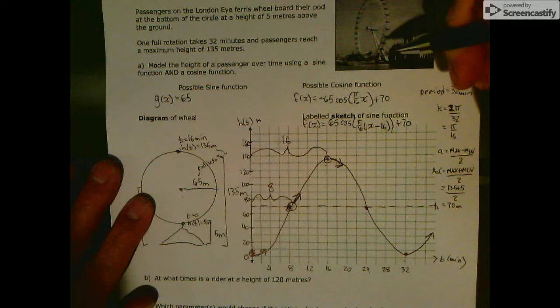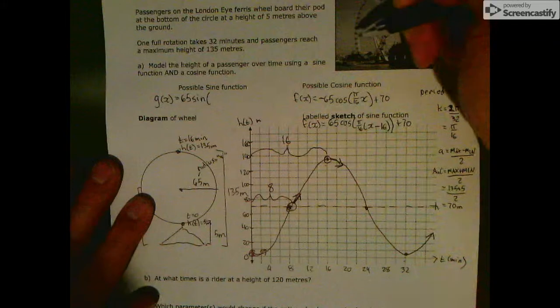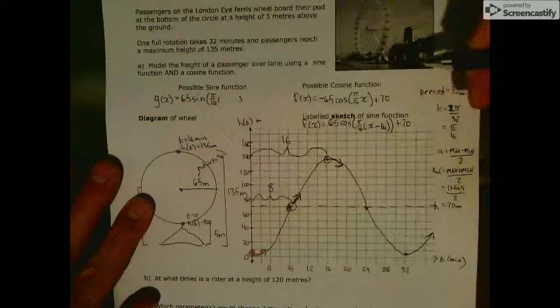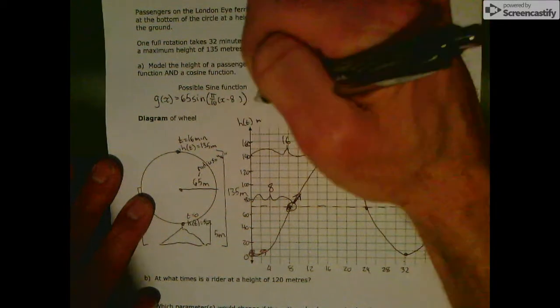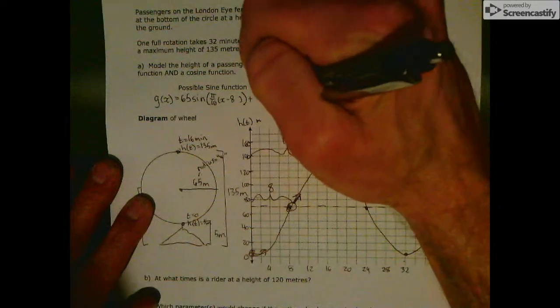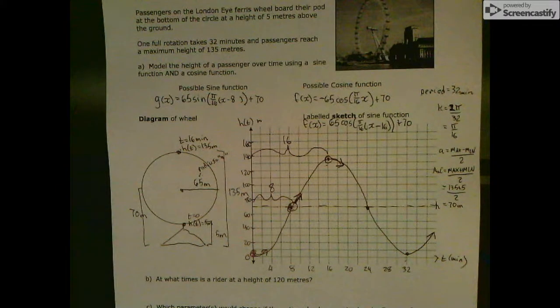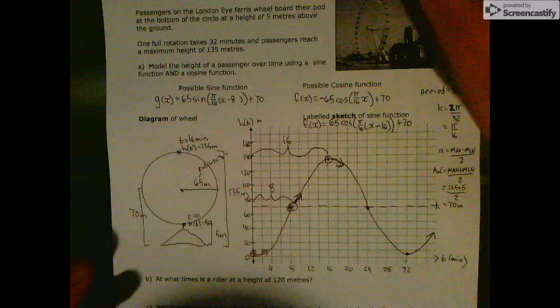Notice it's positive because I haven't flipped over sine, multiplied by sine. In brackets, I have pi over 16 separated from x and the horizontal translation, which is x minus 8. And then outside the function, I have my vertical translation plus 70. So there we have 3 possible functions, and there are way more that you could actually use, but these ones are the easiest to generate.